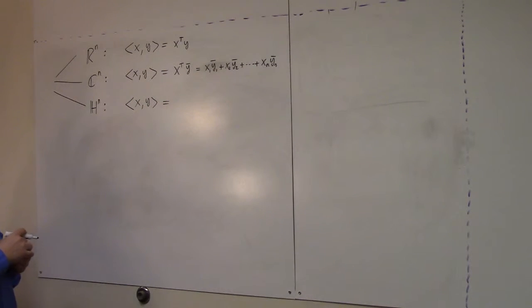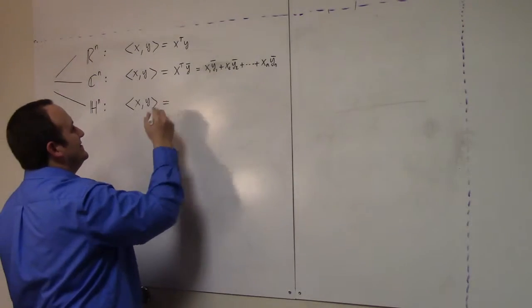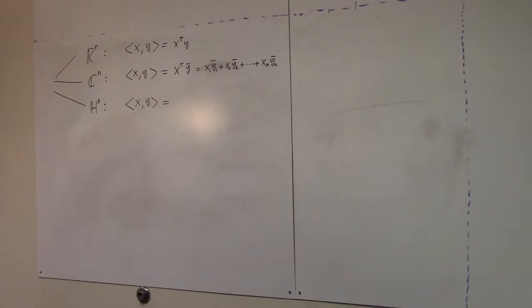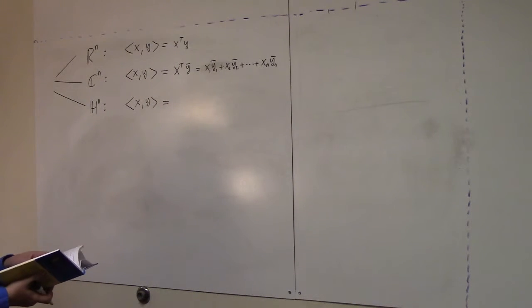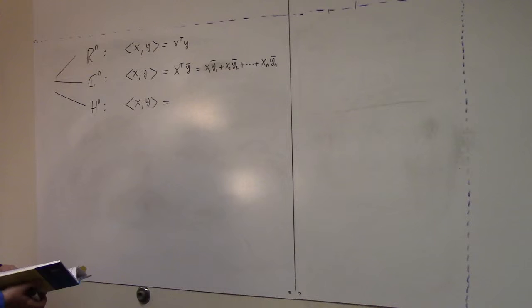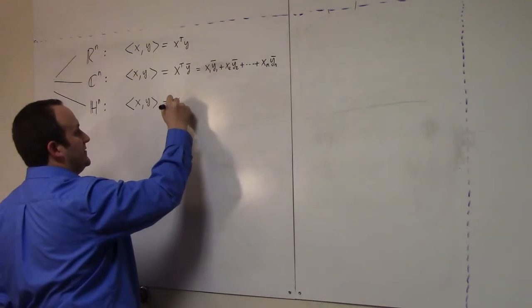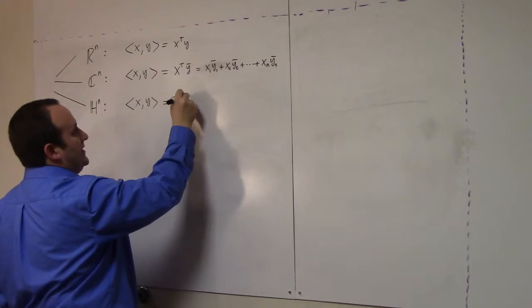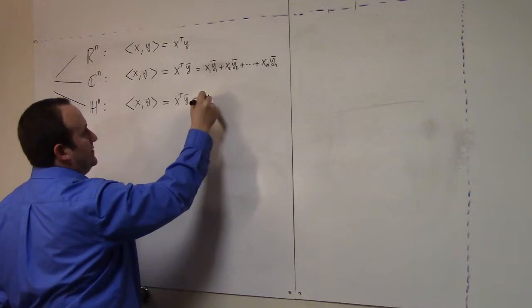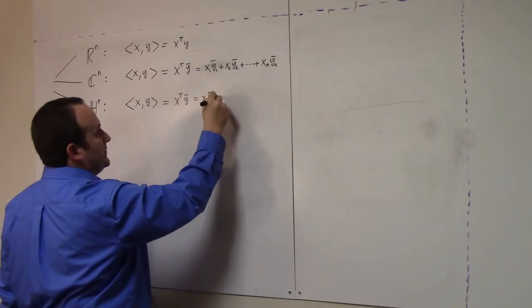These are their corresponding dot products, the inner products on these spaces. It's the same thing with the quaternions: again x transpose quaternionic conjugate. So we're looking at x1, y1 quaternionic conjugate and so forth.